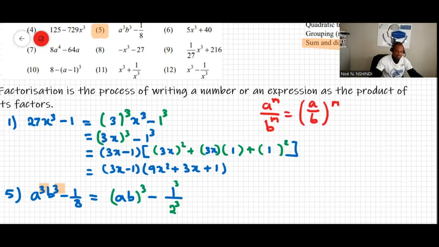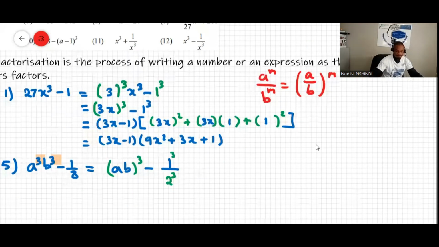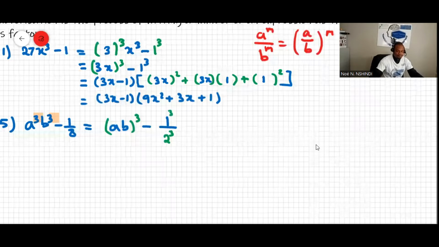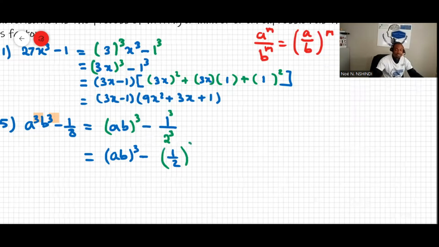So this can be written as ab to the power of 3 minus a half raised to the power of 3. Now we have the difference of two cubes. This is a cube, that's a cube. You can apply the difference of two cubes formula here.